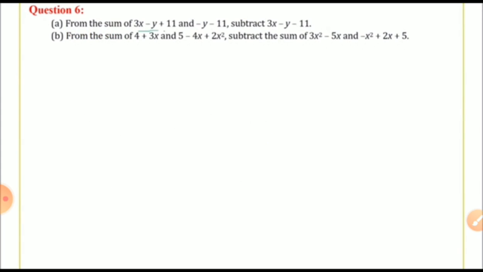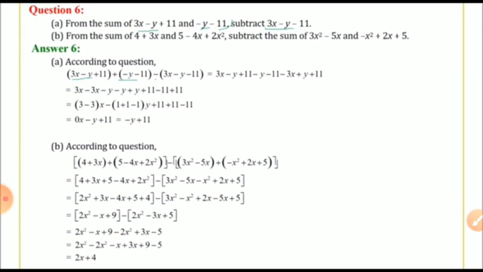Now question number 6. From the sum of 3x minus y plus 11 and minus y minus 11, subtract 3x minus y minus 11. According to the question, we can put it in brackets and then simplify. After simplifying, we will get minus y plus 11. B. Same way, we can put it in a square bracket and then the round brackets. 2x plus 4 will be the final answer. Check out one by one.